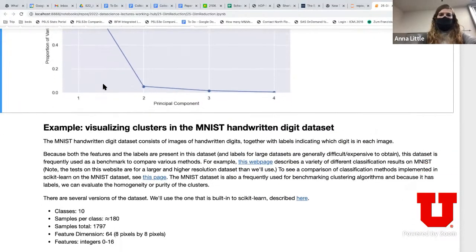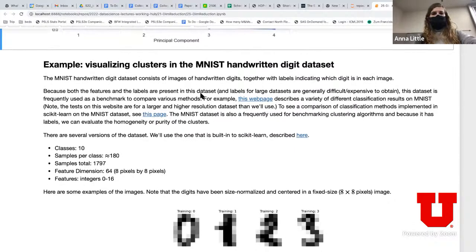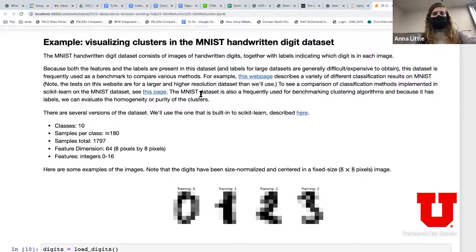Okay. So let's take a look at another data set, which is a little more interesting because it's a little bit higher dimensional. Let's try to visualize some clusters here in the MNIST handwritten digit data set. You may remember, because you've seen this one a few times now, these are images of handwritten digits.